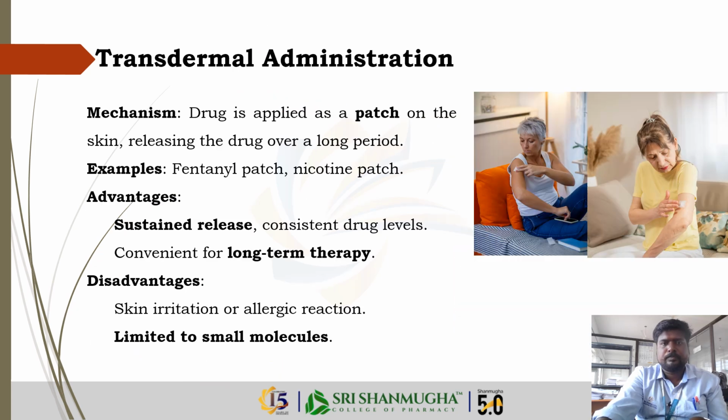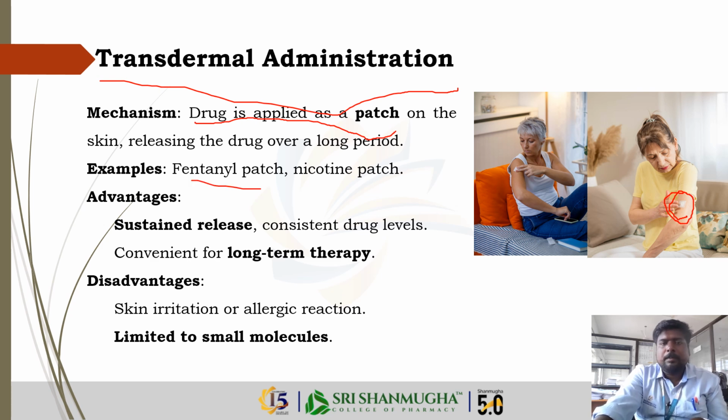Next one is transdermal administration. The main mechanism is that the drug is applied as a patch on the skin, releasing the drug over a long period. You can see this image. The patch is applied to the surface of the skin, and slowly the drug is released through the membrane.